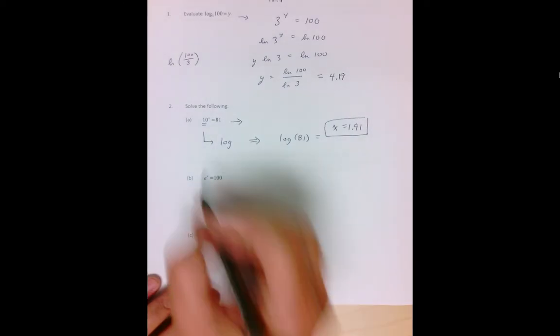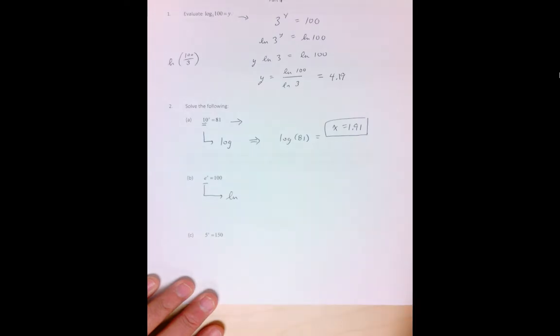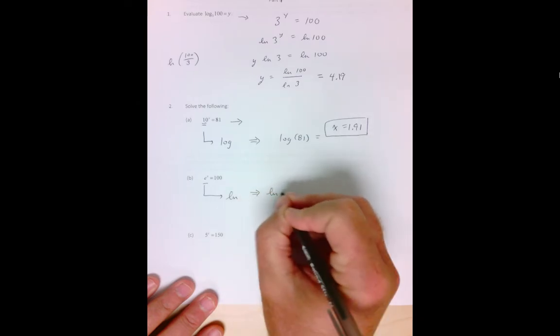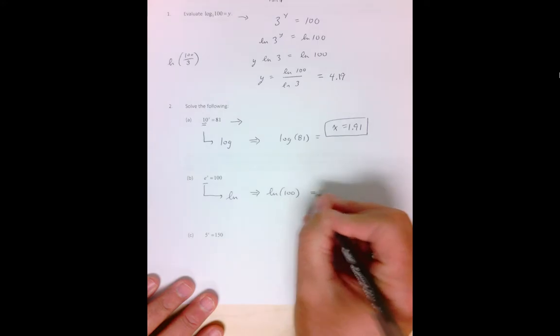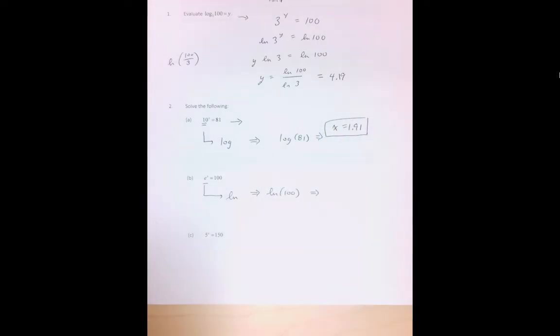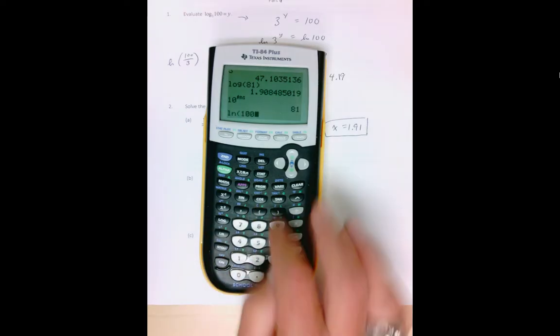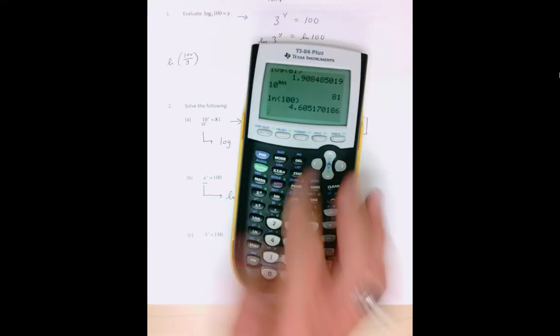Second problem, e to the x. Guys, don't need to think about it. Base e, use your natural log key. Natural log of 100 is going to give us the answer to this problem. Again, don't believe me?